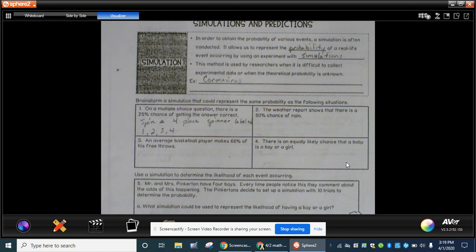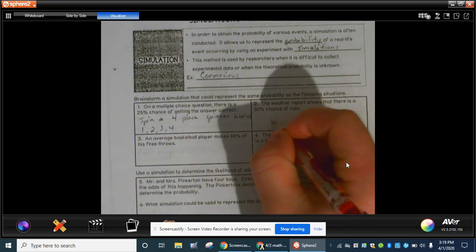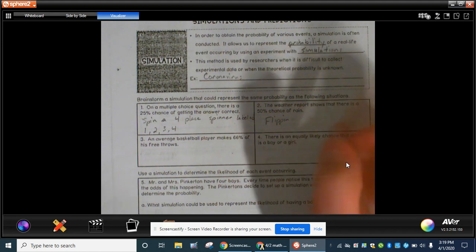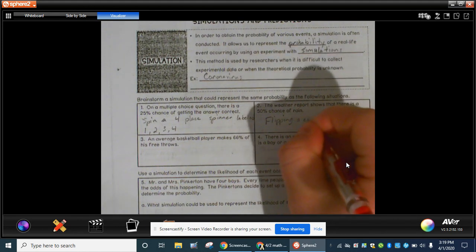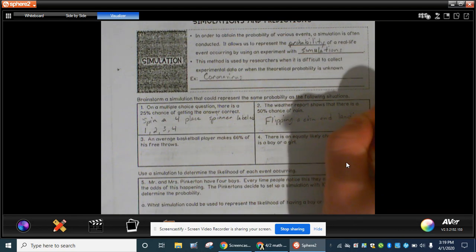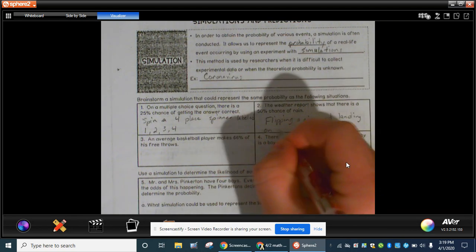Okay, number two, the weather report shows that there is a 50% chance of rain. Well, flipping a quarter or a dime or a nickel or a penny or any coin could give us the same outcome. So flipping a coin and landing on, we'll say, tails.